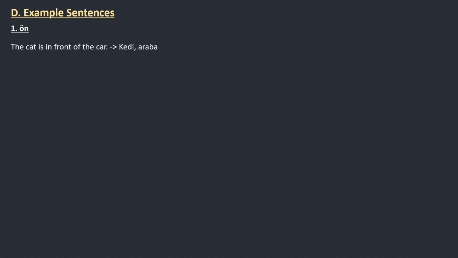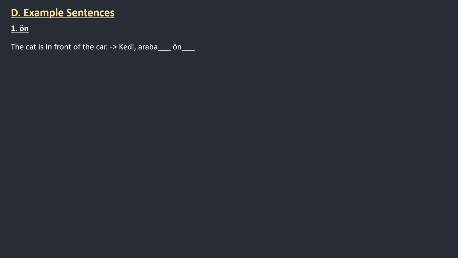Kedi, arabanın ön. This is just the root. I need to place the suffixes, the genitive suffixes, because I need to indicate that the front side belongs to the car. The nın already indicates that actually, so let's make it that way.